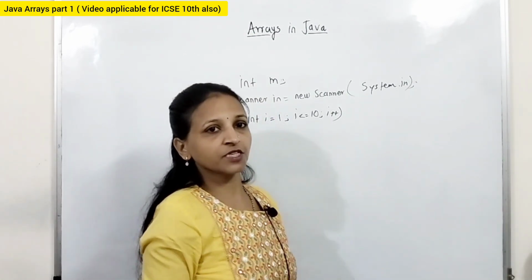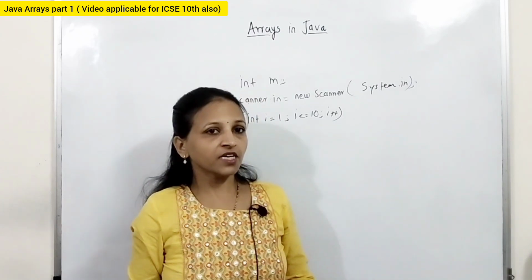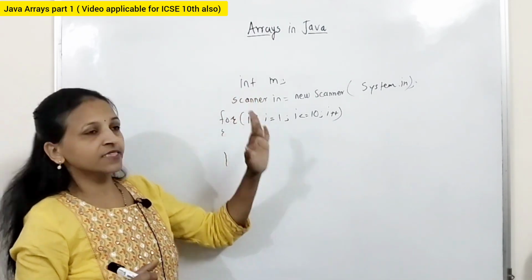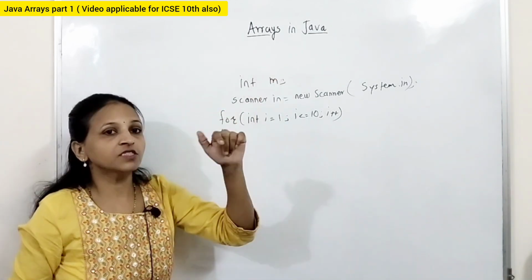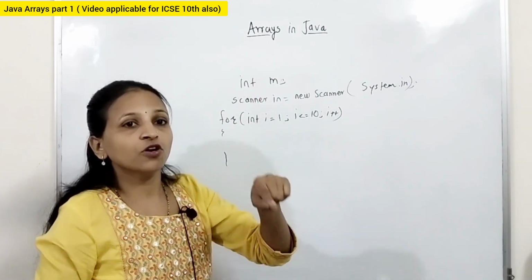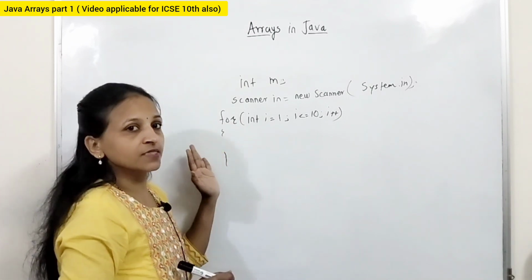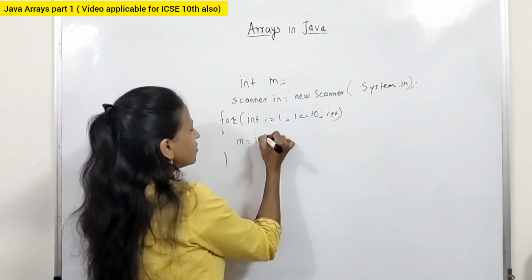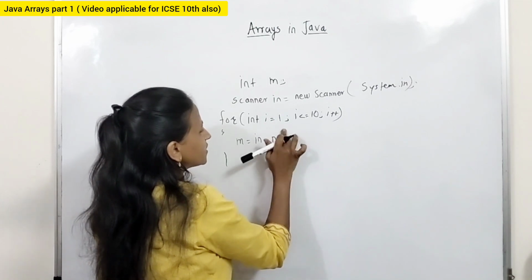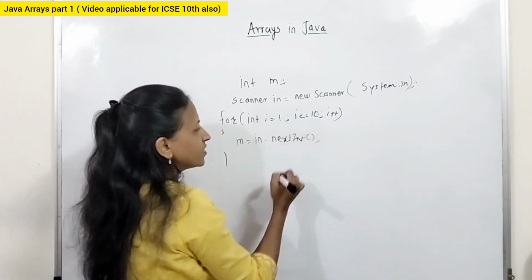If you want to accept something from the user in Java, you can use this Scanner class for that purpose, and for using this you first have to import the java.util package, then only you can do this. See what I am writing here: m is equal to in.nextInt().